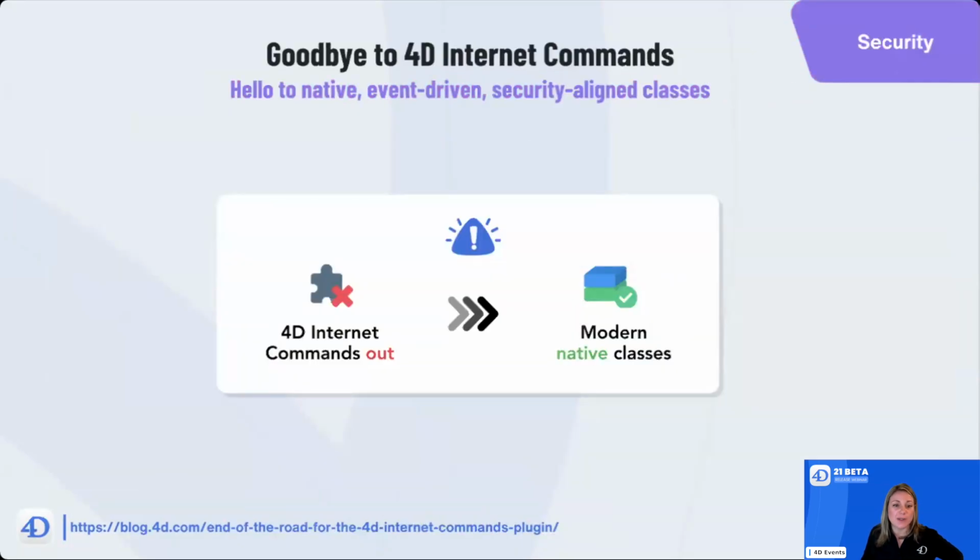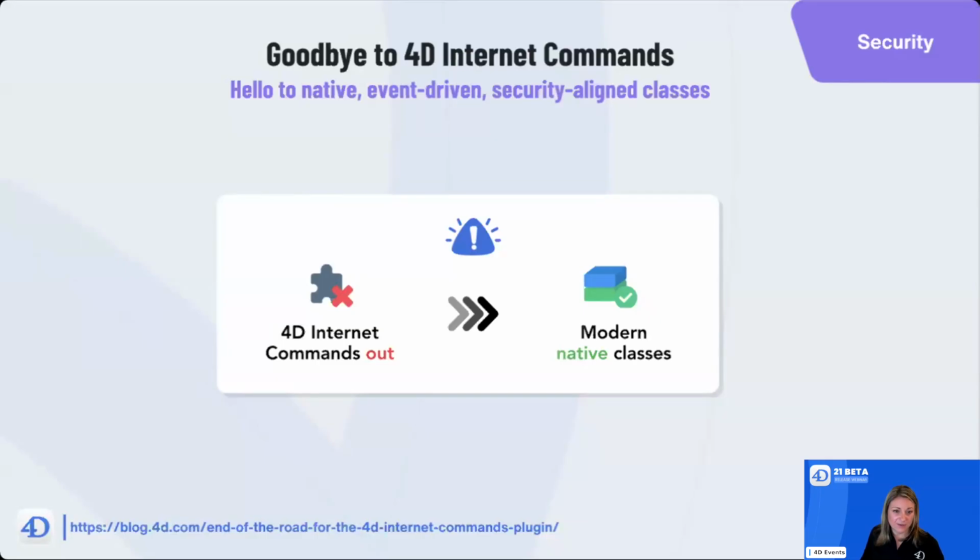Now, with 4D21, the shift is complete. The modern native classes are now strong enough that we can officially say goodbye to the 4D Internet Commands. You work with a new generation of tools: secure TCP with optional TLS, cleaner UDP, stronger email transporters, and unified support for today's internet protocols.